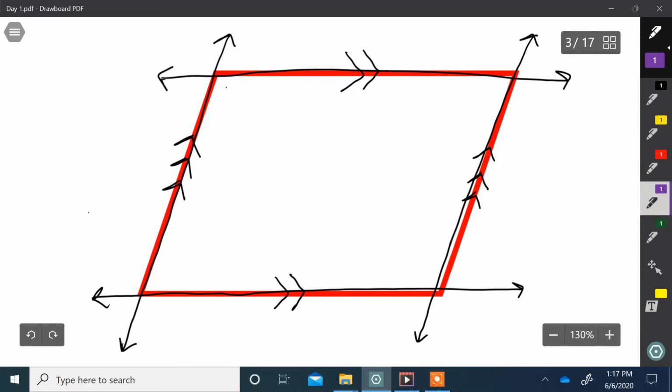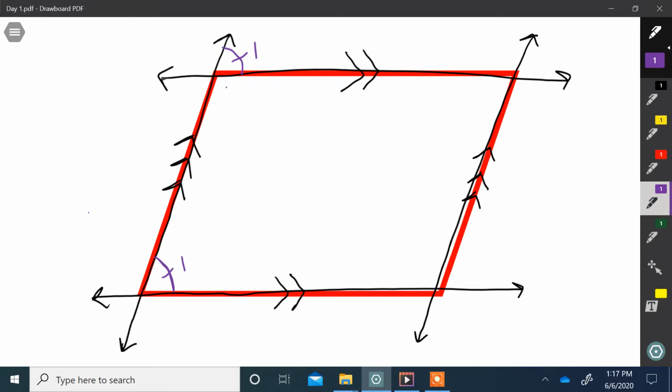Alright, so some properties that we know about parallel lines. Okay, we know that this angle is congruent to this angle, because of parallel lines. And it makes sense logically. So let's just call this one 1 and then a 1 right there. Okay, those two are congruent.